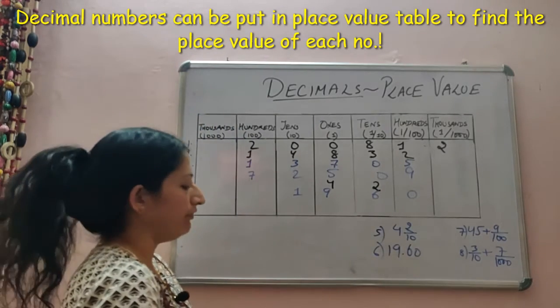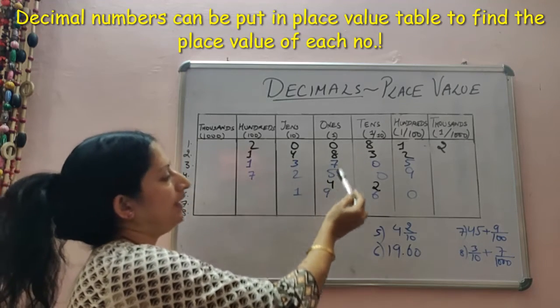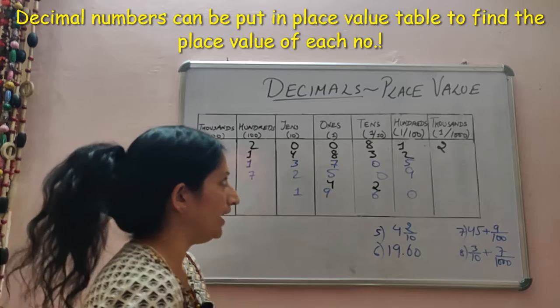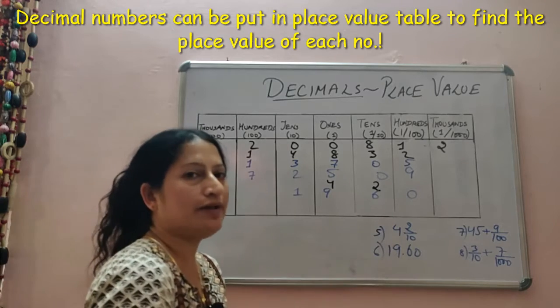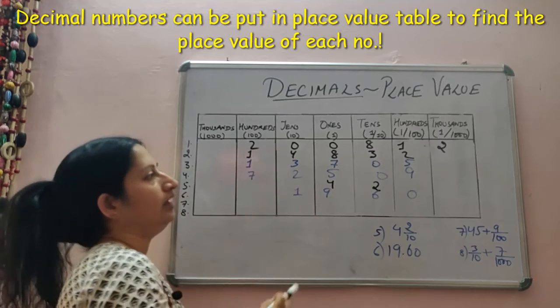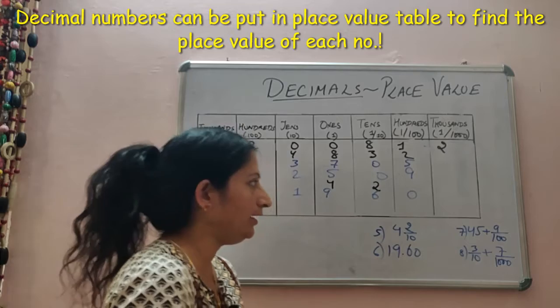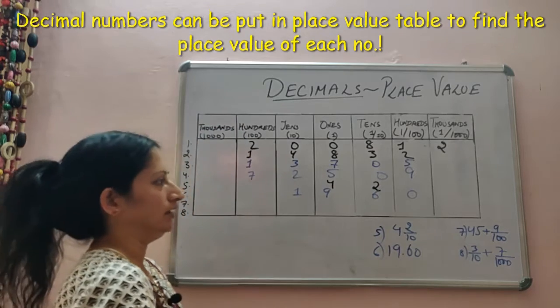So here 1 has the place value of 10, the 9 has the place value of 1, 6 has the place value of 1 by 10, that is 6 by 10 or 6 tenths, and 0 has place value of 1 by 100 or 0 hundredths.